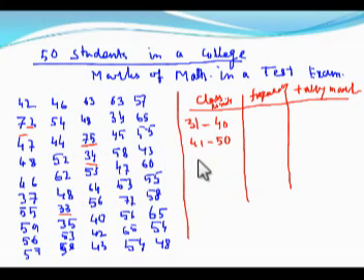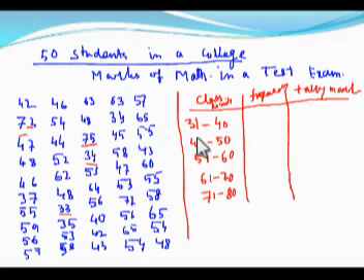So we will take class limits up to 80: 51 to 60, 61 to 70, and 71 to 80. Five classes we have taken.